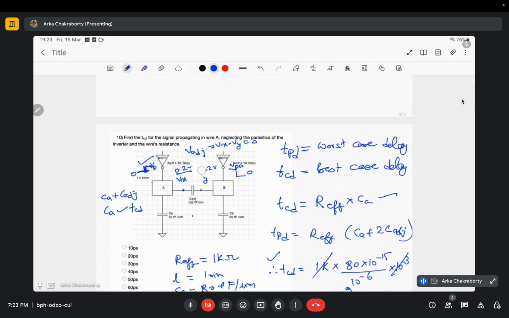Vy would be something around 1 minus 0.2 volt, that is 0.8 volt. In the first case, Vxy would be 0.2 minus 0 equals 0.2. In the second case, it was 0.2 minus 0.2.